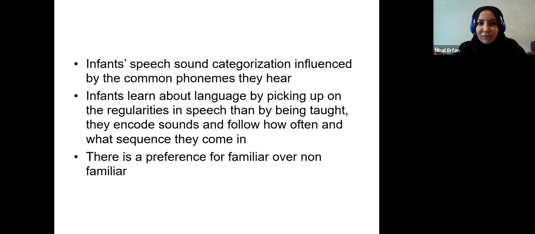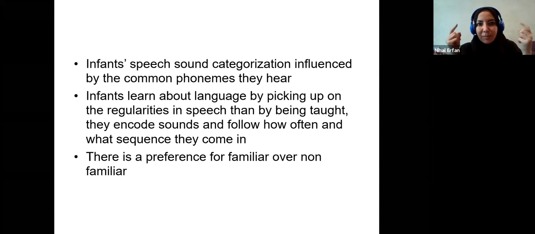So infant speech sound categorization, categorizing how speech sounds, is influenced by common phonemes that they hear. So phonology, the common sounds that they hear, and then they start to categorize. Infants learn about language by picking up on the regularities in speech rather than by being taught.